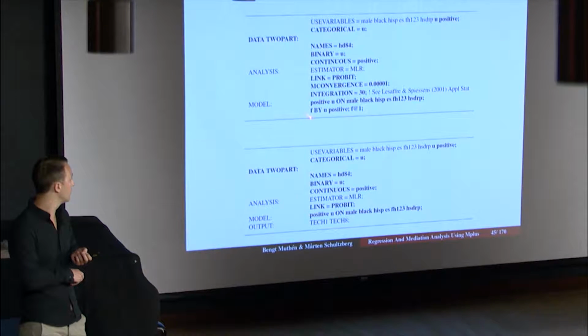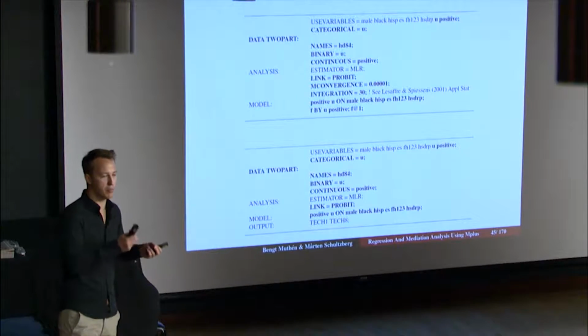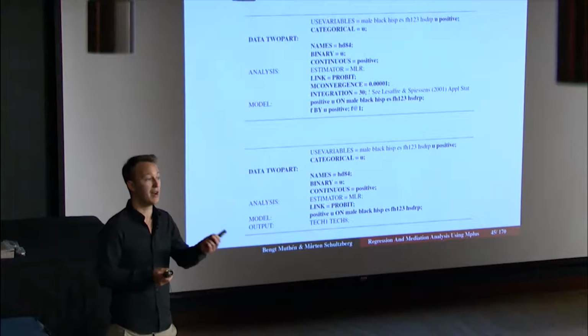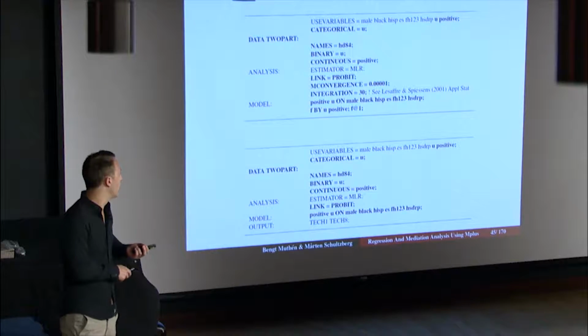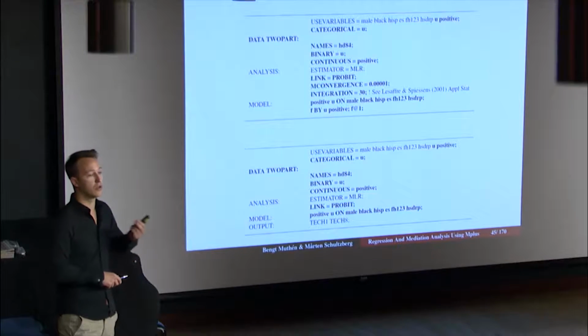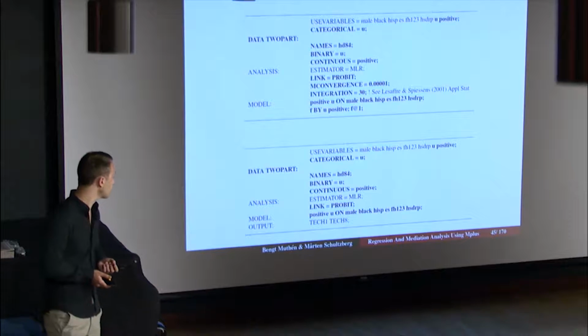So the loading of the binary outcome variable here will be fixed to 1. And the positive will be free. And the order there is not arbitrary. If you have one binary and one continuous, it's always better to fix the binary one. And then we fix the variance of this. So the only free parameter here will be the loading of the positive part, and that will correspond to then the covariance between these residuals.